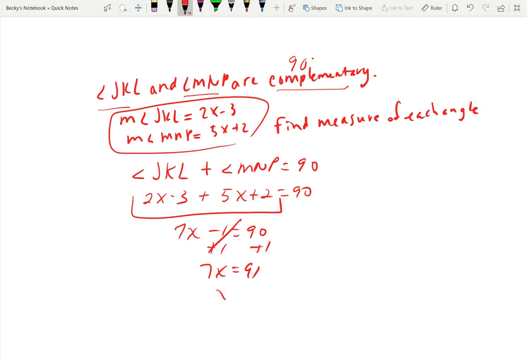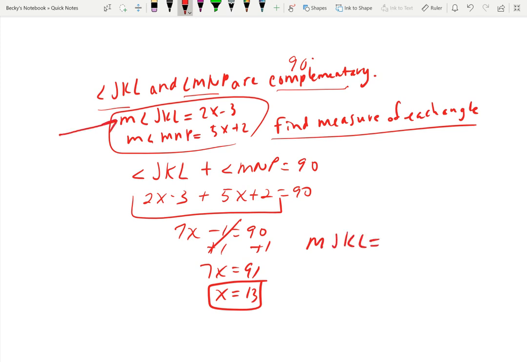Now, you need to know that in algebra class, once you find x, you're always finished. But with geometry, once you find x, that means you have to go back up, read the directions and see if you have to find something else. This is find the measure of the angles. So we're just going to plug it back in. And the good thing is we can check our work easily because your two answers that we're going to find should add to 90. So the measure of angle JKL, I'm looking right here.